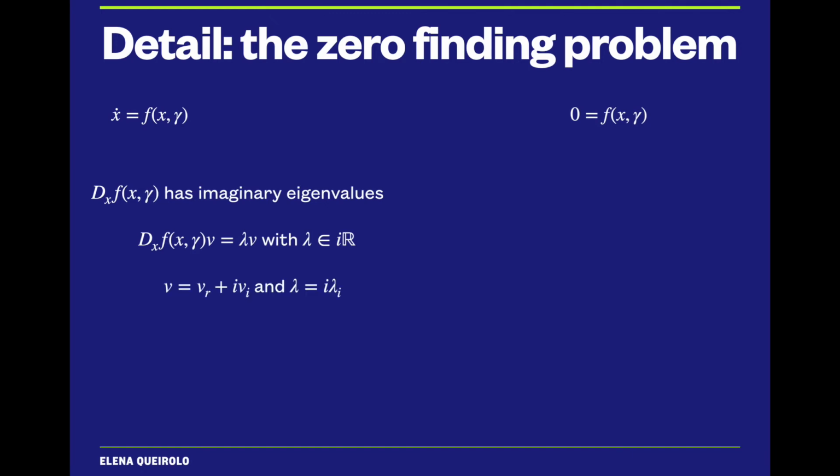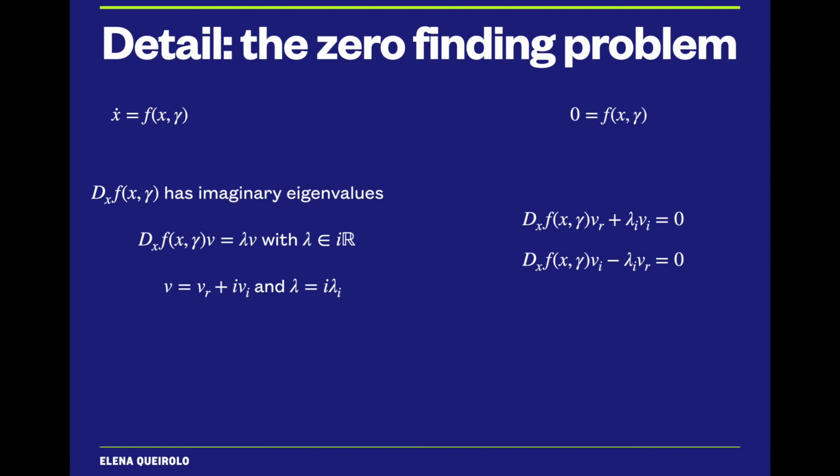What we do instead is writing the eigenvector as a sum of a real part and an imaginary part, and the eigenvalue as a purely imaginary component. Then we can rewrite our eigenvalue problem as a two-component problem, the solution of the real part of the eigenvalue problem and the solution of the imaginary part of the eigenvalue problem.